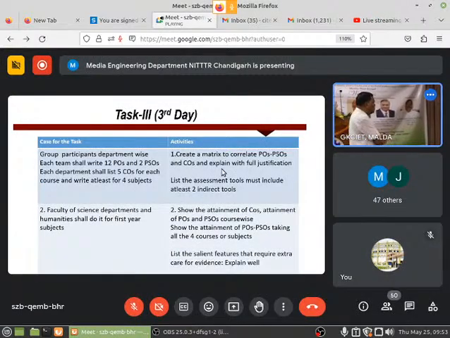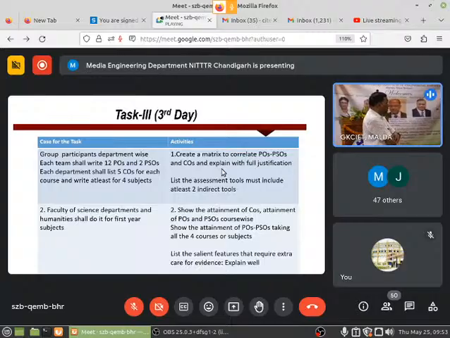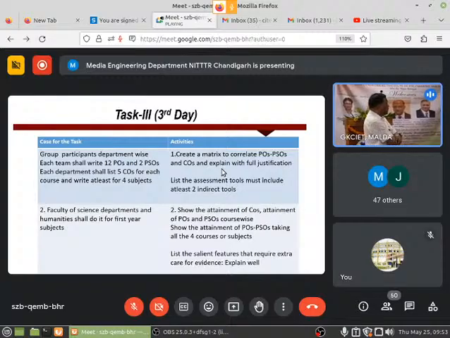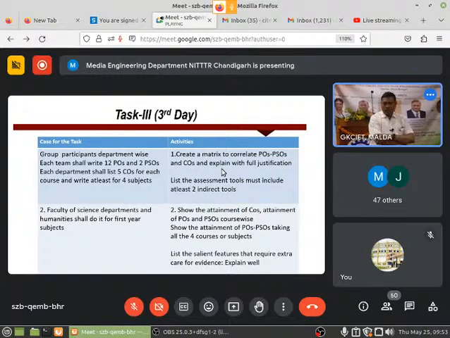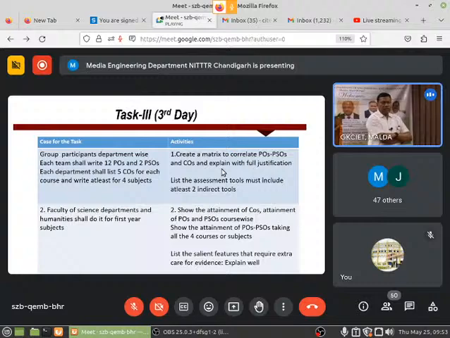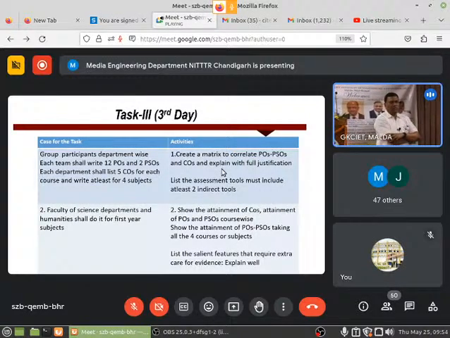Okay, if you see task 3: create a matrix to correlate POs, PSOs and COs and explain with full justification. List the assessment tools, which must include at least 2 indirect tools, and next is attainment. The attainment calculation of COs, POs and PSOs will be done by the Civil Engineering Department of JKCIT.